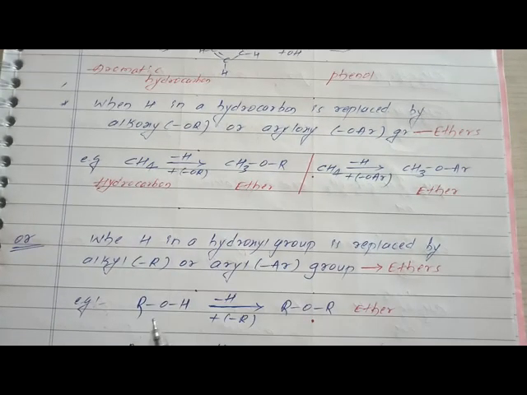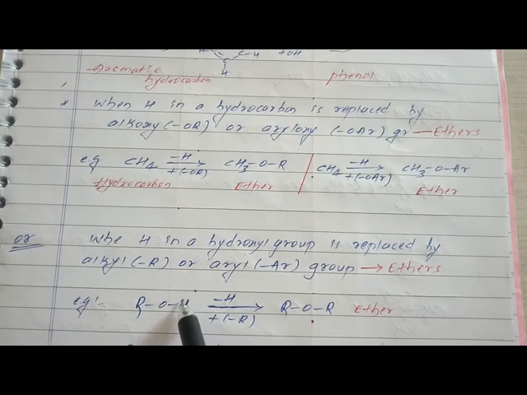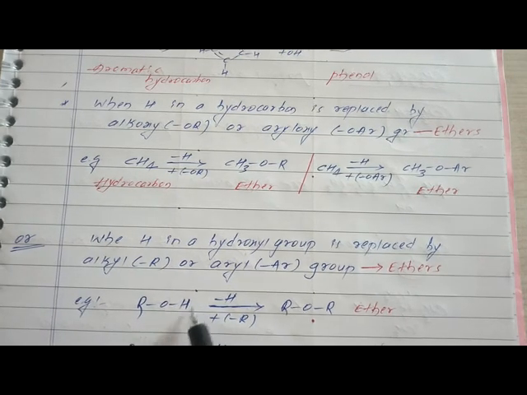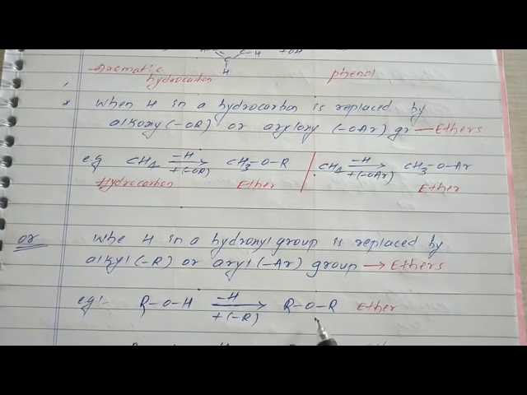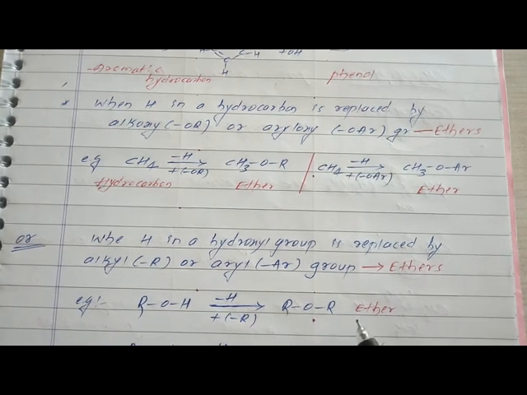For example, suppose we have ROH. I am going to replace this H by an R group, that is, I remove H and add this R group. So what will we get, students? ROR.